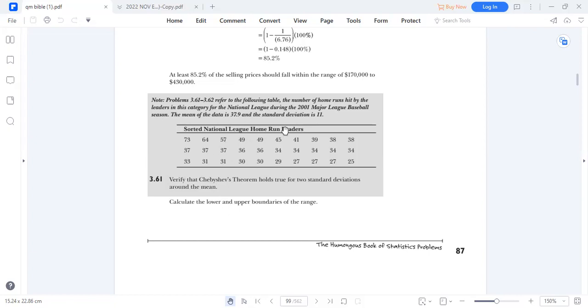So how many observations do we have here? We've been told that the mean is 37.9 and the standard deviation is 11. So first, let's come up with the confidence interval.